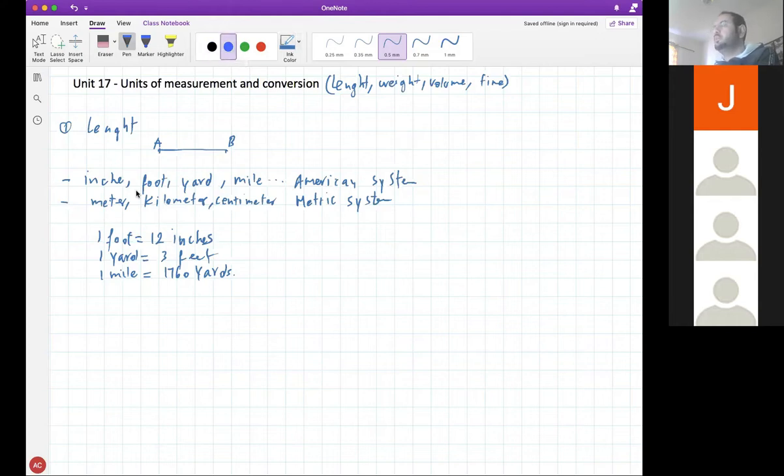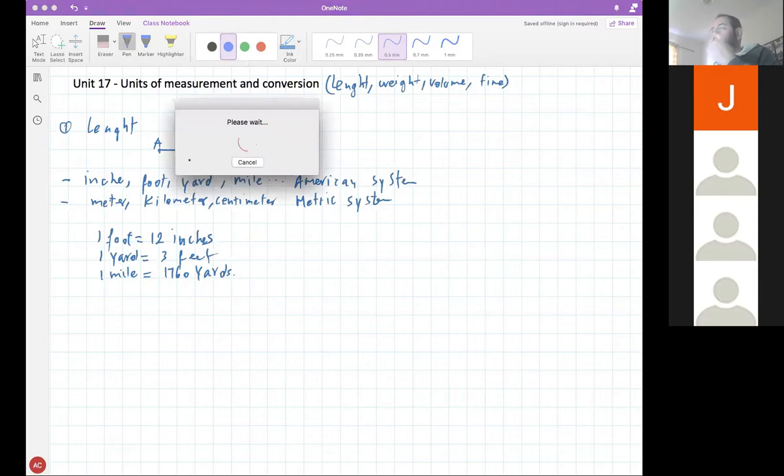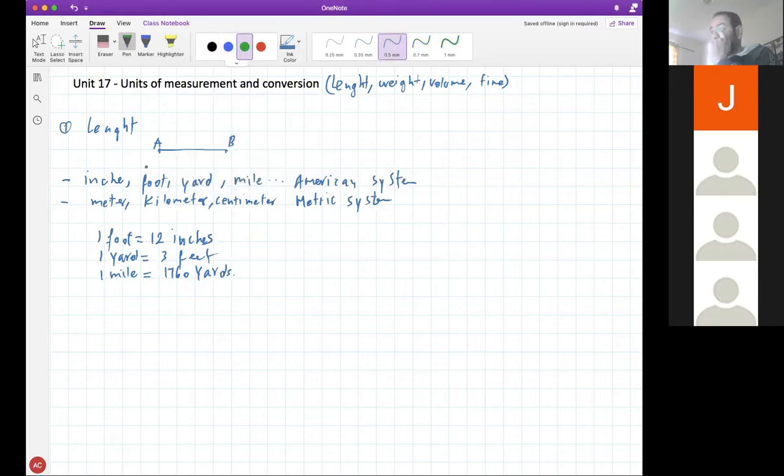The American system. The measures of length, those are basically the ones we use mostly. Again, depending on how long or how far the objects or distances we're trying to measure are, we choose the right unit. You always want to use the appropriate unit. For example, if you're trying to measure the length of a small object, maybe a computer screen, you would use inches.